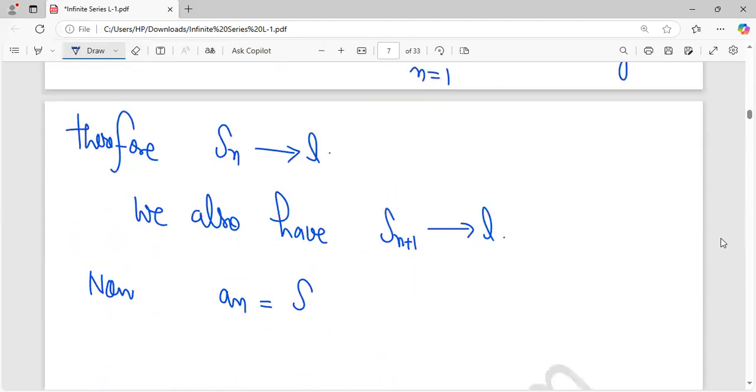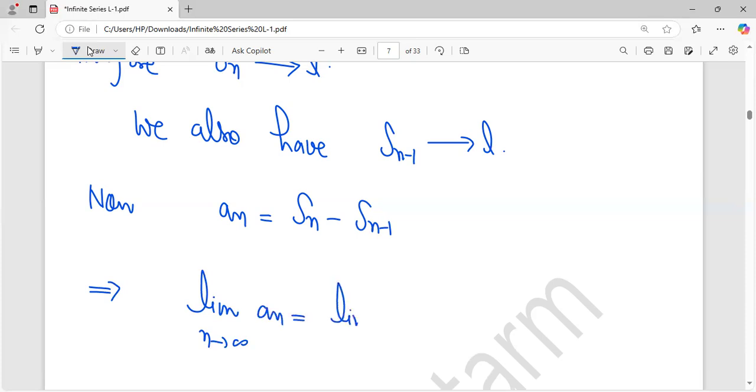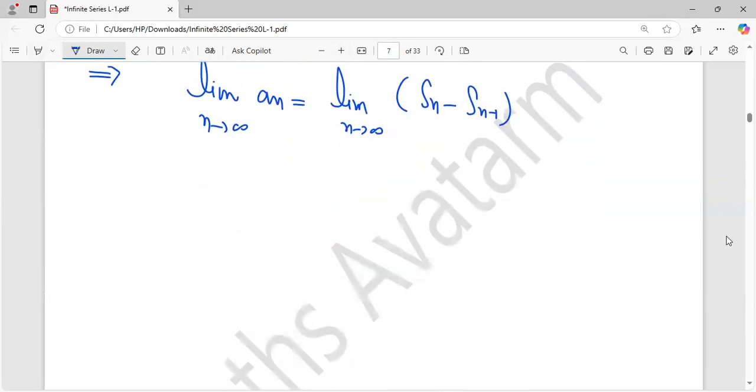If Sn tends to L, Sn minus 1 also tends to L. So this implies limit n tending to infinity an is equal to limit n tending to infinity Sn minus limit n tending to infinity Sn minus 1.